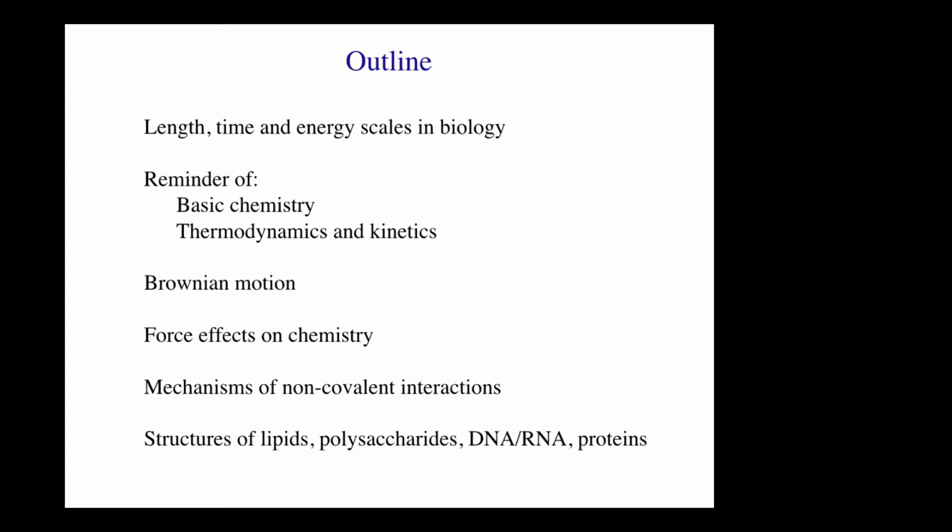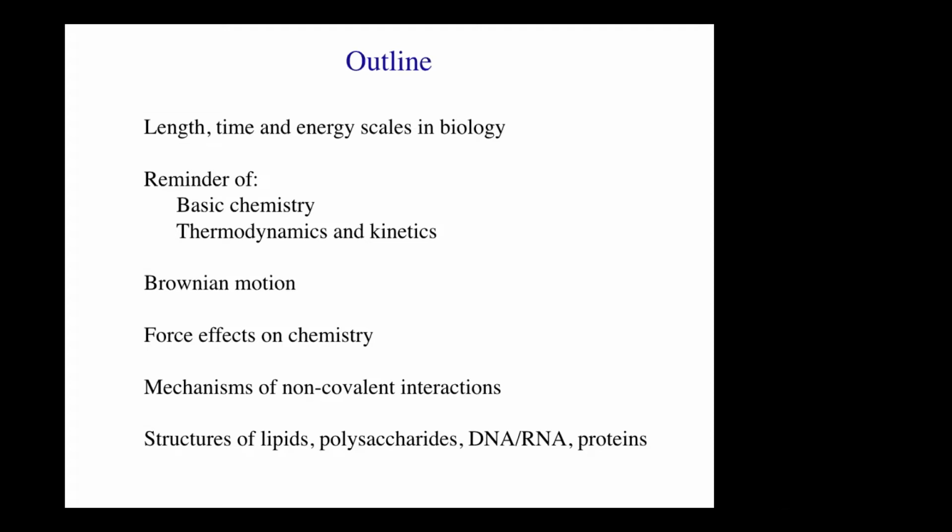That covalent assembly of atoms into molecules is the basics of everything. But that is not what determines structure. What determines the structure of almost everything in the cell are non-covalent interactions. And there are basically 3 or 4 forces, attractive or repulsive interactions, that are useful to keep in mind.